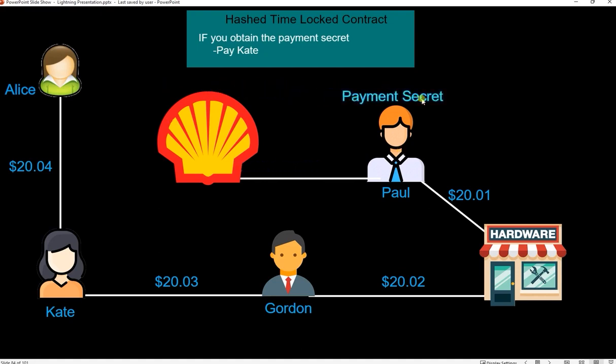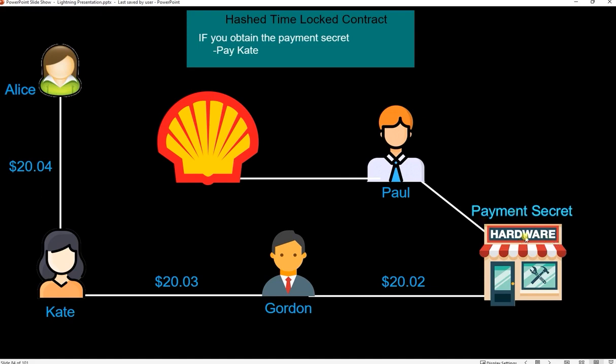As soon as Paul gets the payment secret, he publishes it on the net to get paid, and he gets 1 penny. I mean, obviously, he got paid $20.01, and he paid $20, so he netted a penny. But he got paid a penny for really doing nothing, and everyone follows this, because as soon as this goes on the blockchain, everyone's looking, everyone can see the payment secret.